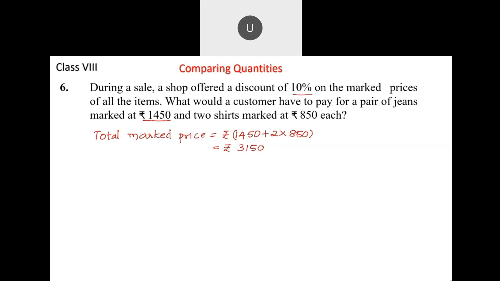Now they have given that 10% is the discount on the market prices of all the items. So I can consider 10% of this total market price to get the discount.